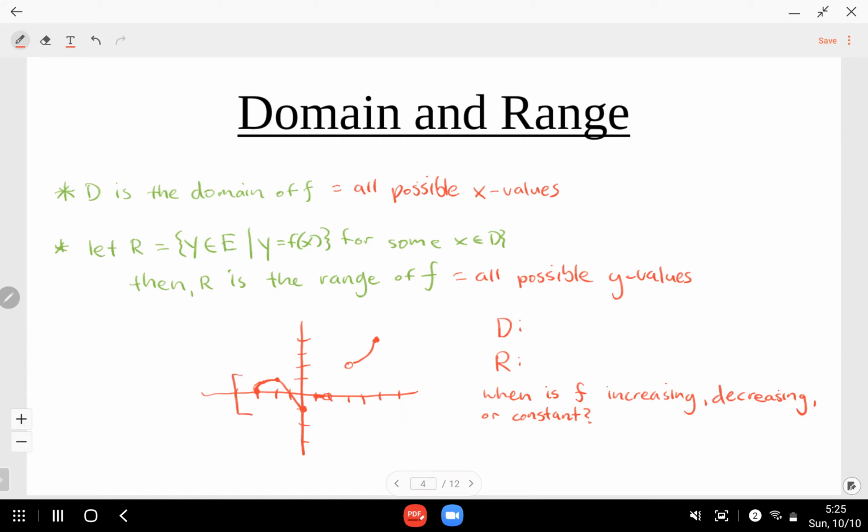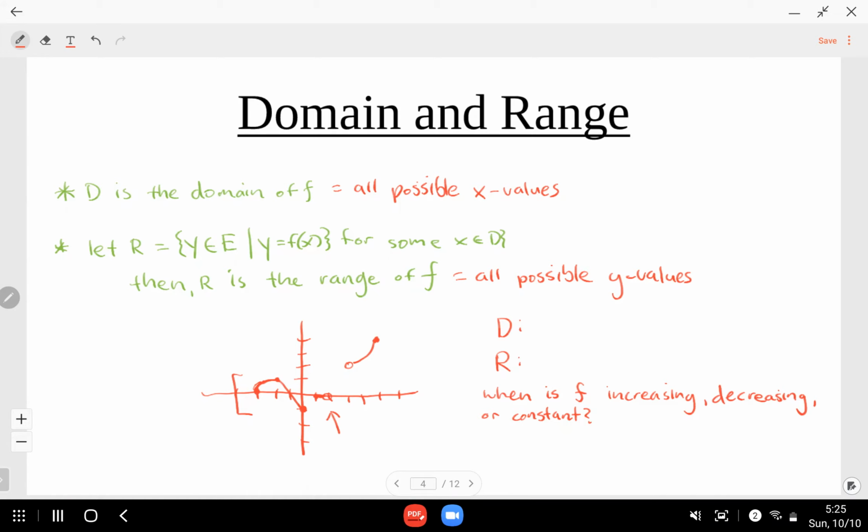It is from -1 to 1, but there's also a point at y equals 0 that is not included in this interval. So do we change our answer or not?